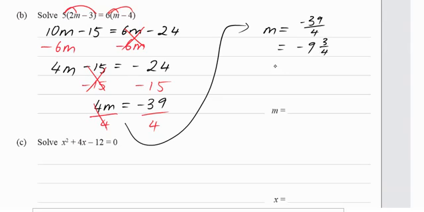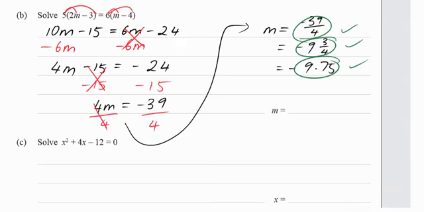Another possible answer is you could write it as a decimal, negative 9.75. So any of these three answers are acceptable. They're all fine, you can just choose whichever one you write down. I'll write down negative 9 3/4 just because I really like mixed numbers.